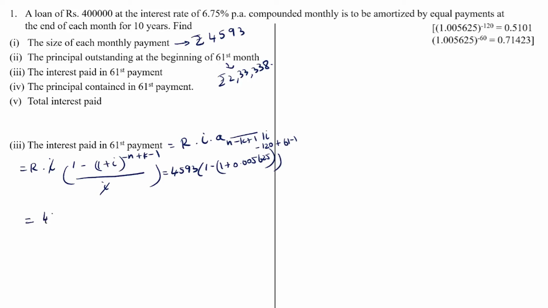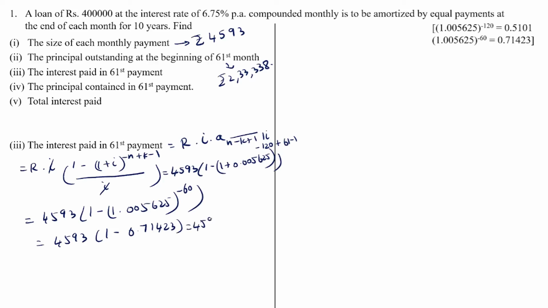So this is 4593 into 1 minus 1.005625 whole raised to minus 120 plus 60, so whole raised to minus 60. So this is 4593 into 1 minus, the value for this expression is given here, 0.71423.